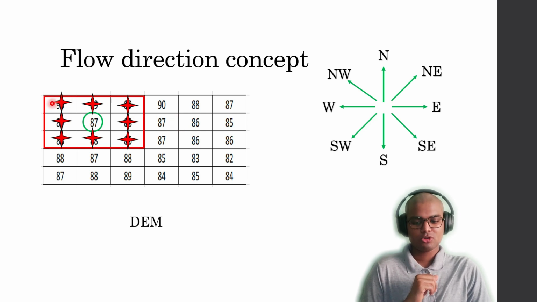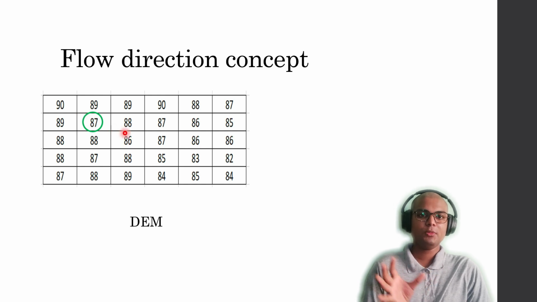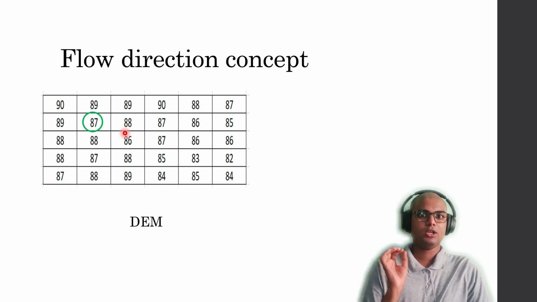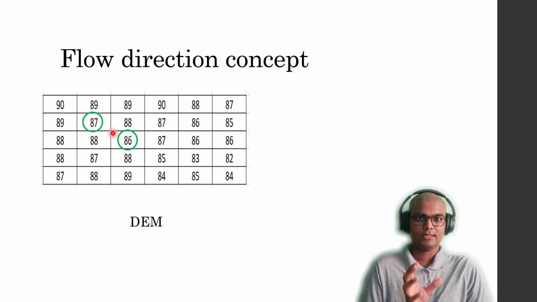Based on these locations, if we again see that 87 is our center cell, where will the water flow from there? The lowest elevation is 86, and assuming that the slope, based upon the difference in elevation to the distance, is steepest in this direction, the water flows from the 87 cell to 86.